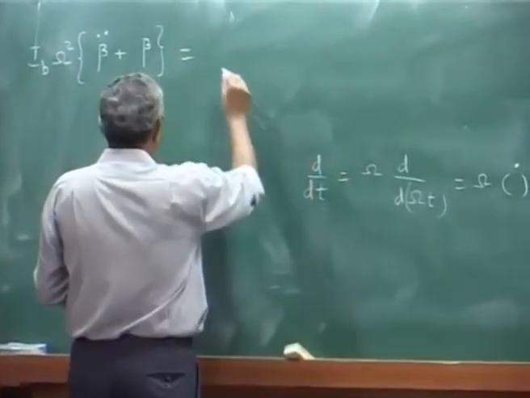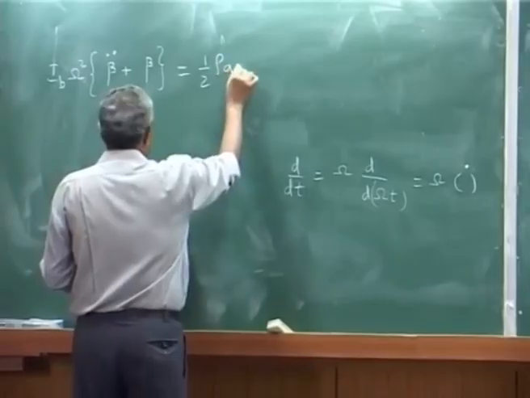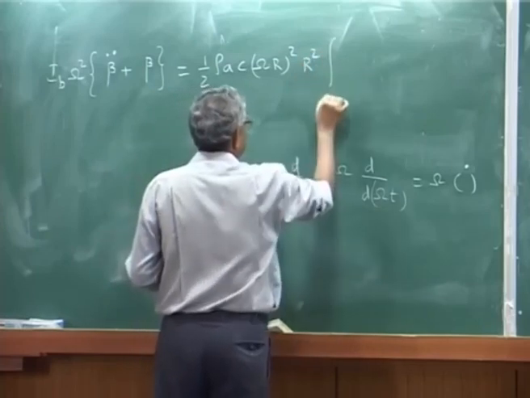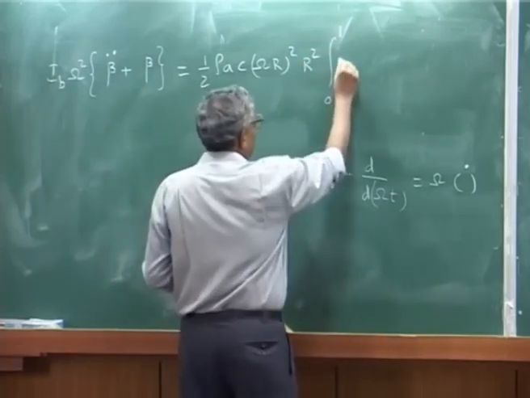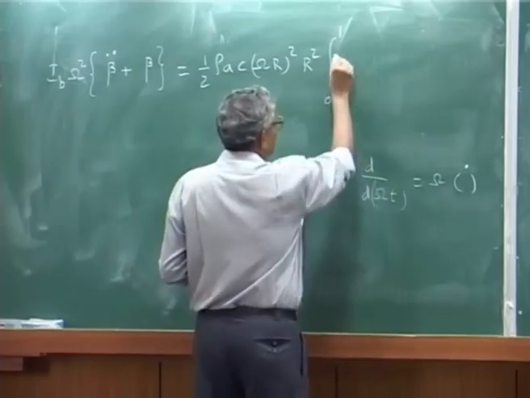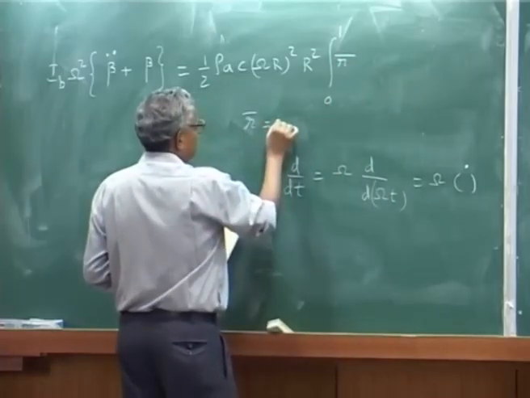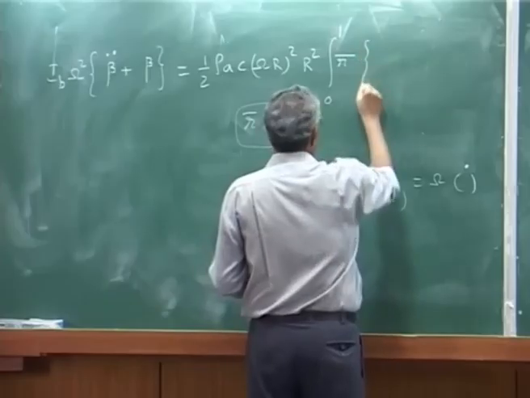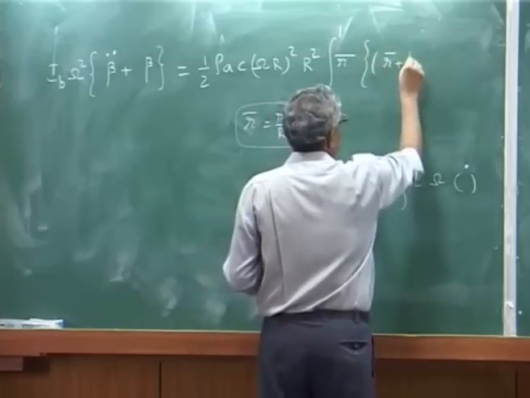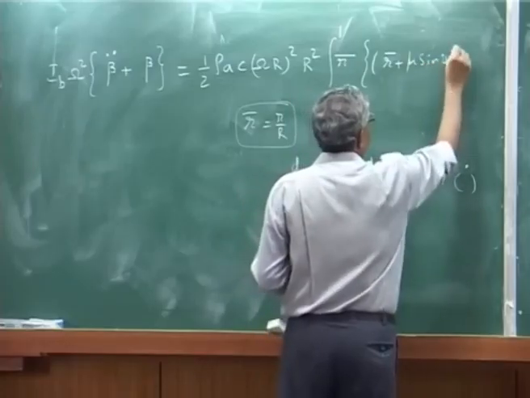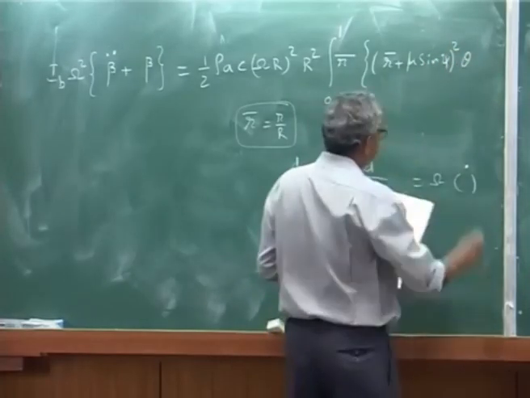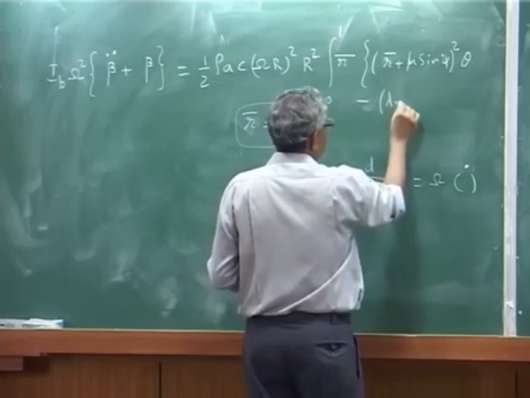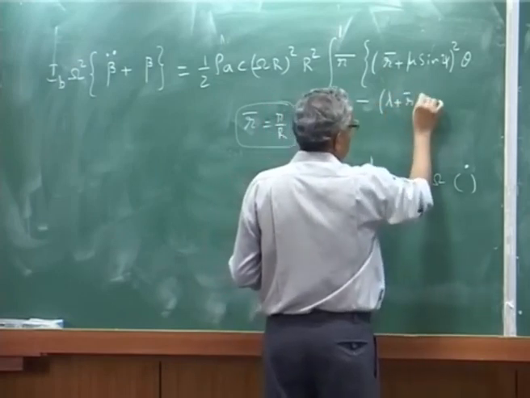Equals, I will take half rho a c omega r whole square, r square, 0 to 1, r bar, where r bar is r over capital R, R bar into r bar plus mu sin psi square theta, minus lambda plus r bar beta dot.